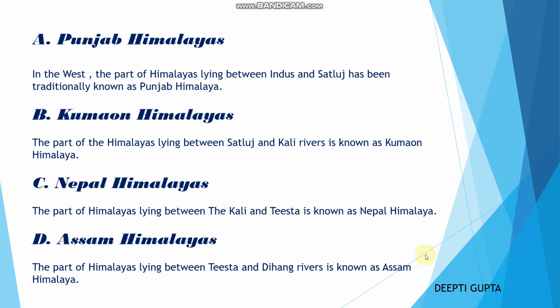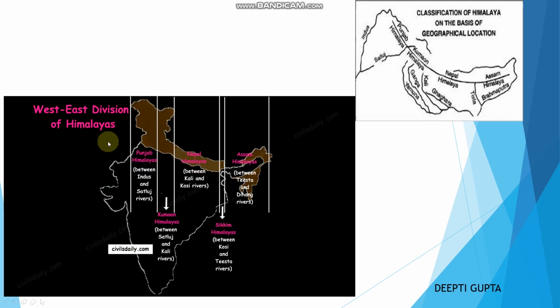This you can see in this picture. This is the Indus river. This is your Punjab Himalaya, between Indus and Satluj river. The second portion is your Kumaon Himalayas, between Satluj and Kali river. Third is your Nepal Himalayas, between Kali river and Kosi, and we included Tista also.